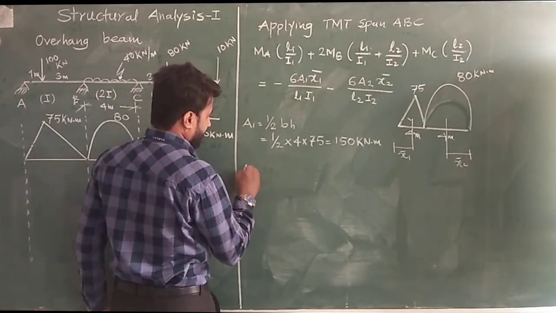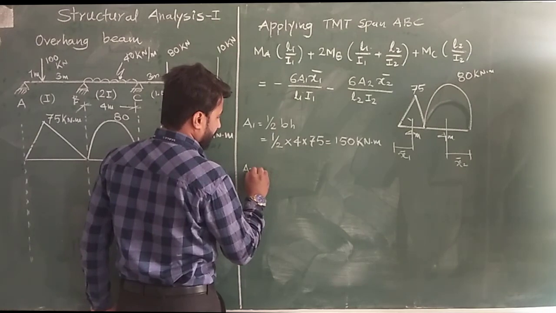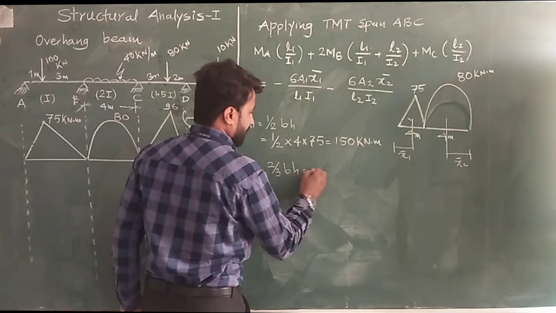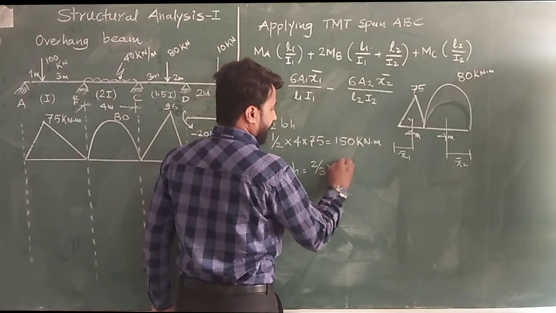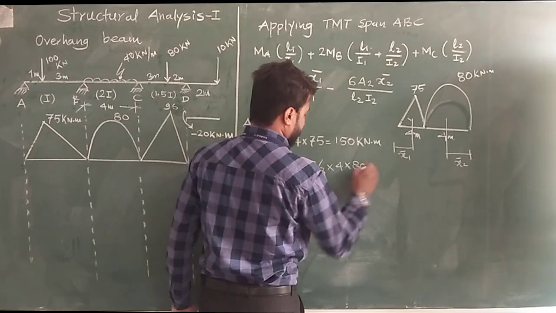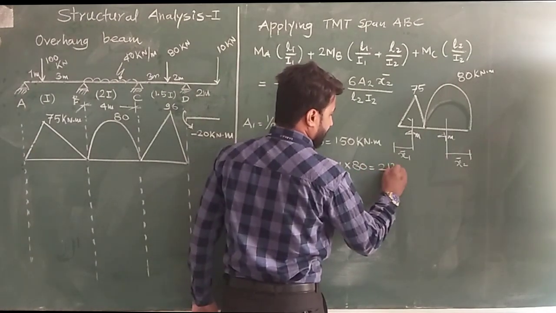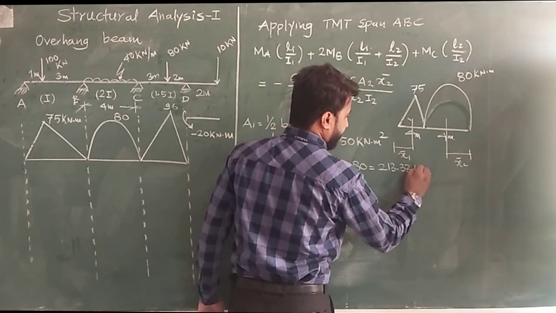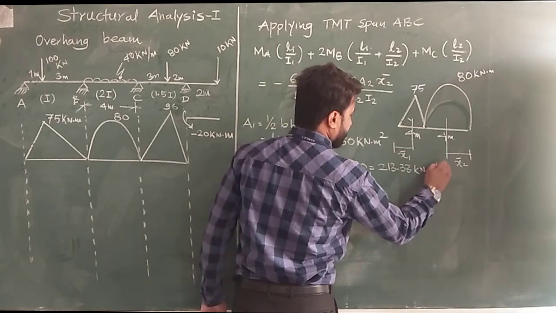Then area 2 will be 2/3 base into height, so 2/3 into base 4 into height 80, which is 213.33 kilonewton meter square.